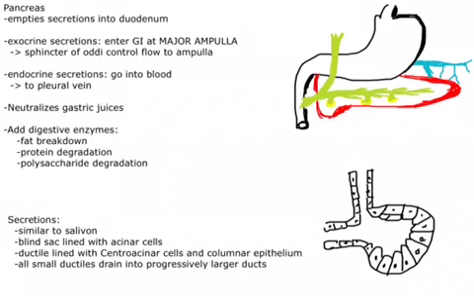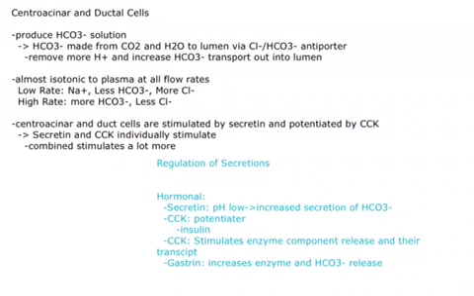Now we're going to go into more detail about the centroacinar and ductal cells and what they produce. So the centroacinar cells and ductal cells produce the bicarbonate solution. Our bicarbonate solution is made from carbon dioxide and water, reacting to the lumen via the chloride and bicarb antiporter.